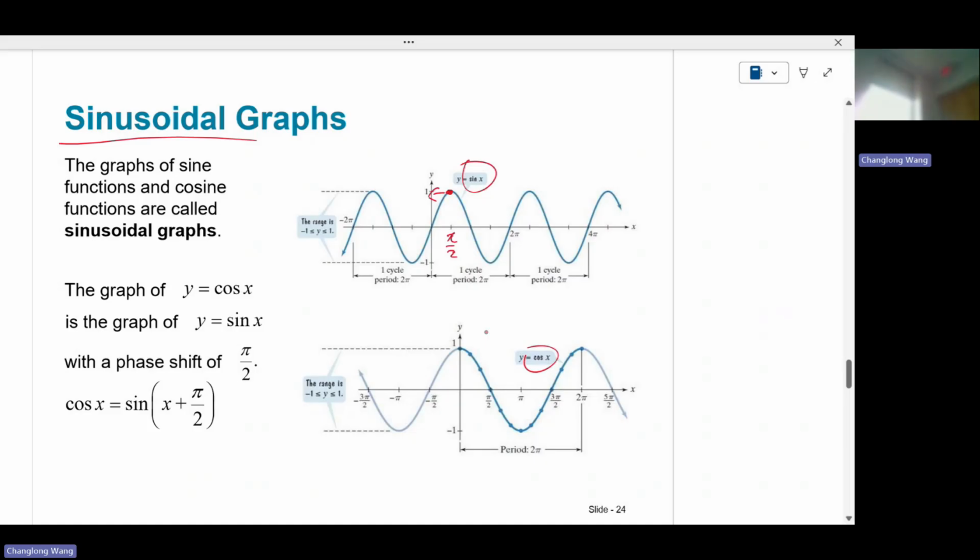So I'll be shifting the sine graph to the left by pi over 2 units, and I'm going to get a cosine. That's all. So you shouldn't be surprised that a lot of things that you know about sine apply almost seamlessly to the cosine, and it's meant to be like that. Okay, and also that's why they call it sinusoidal graph.